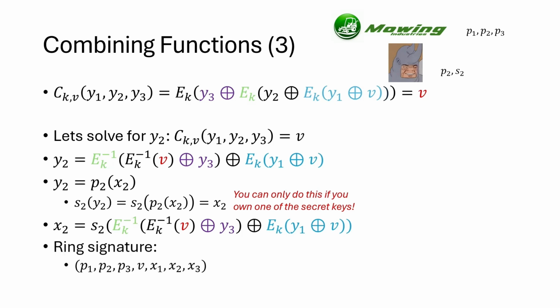And if I force x2 to be that particular value, the ring equation will always equate to v. And that's what the red text says: you can only do that particular step if you own one of the private keys in your ring. And that's basically how you generate a quote-unquote ring signature with only one valid key pair.